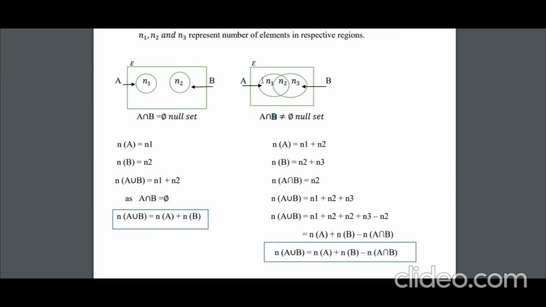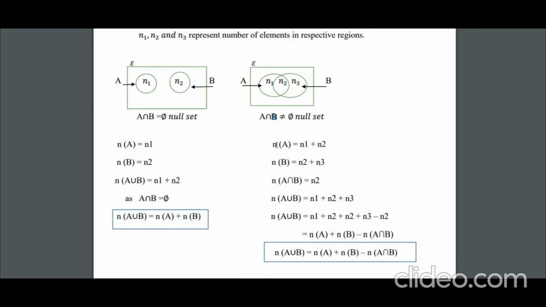So let's say the number of elements only belonging to A is n1, belonging to both is n2, belonging to B only is n3.